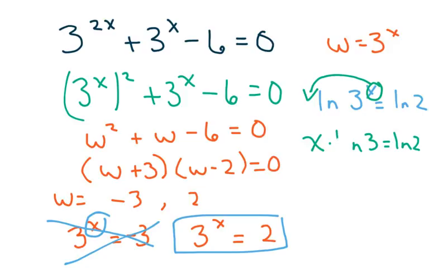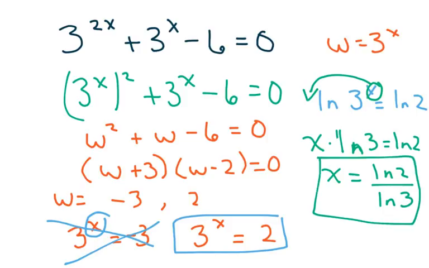And then to solve for x, I'm just going to divide both sides by ln of 3. So we get x equals ln of 2 over ln of 3. That's your exact value. Since we're not using calculators, you're done. And that is your answer. So your solution set is ln of 2 over ln of 3.